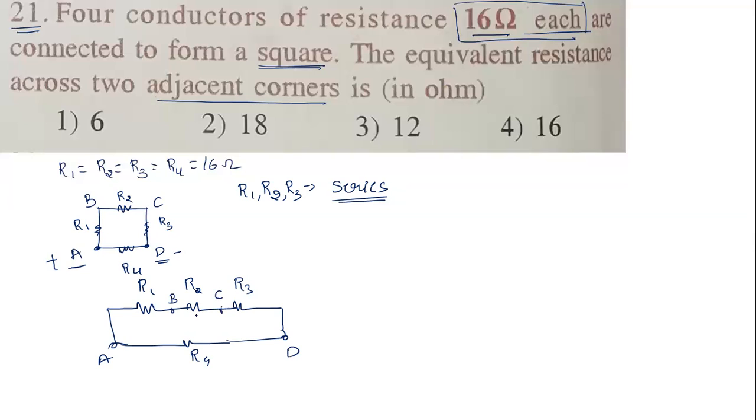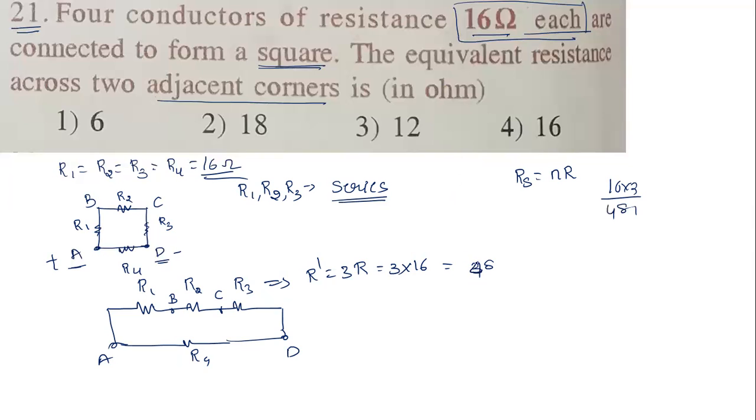Since these three are in series combination, the effective resistance R prime is 3 times each resistance, because in series combination resistance becomes n times R. R is 16, so it will be 16 times 3, which is 48.